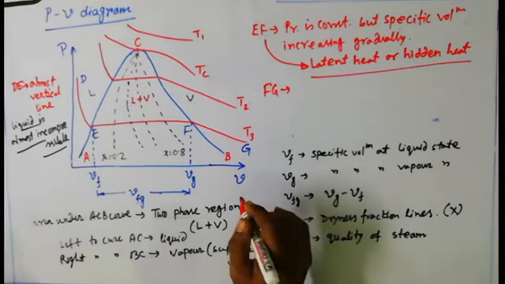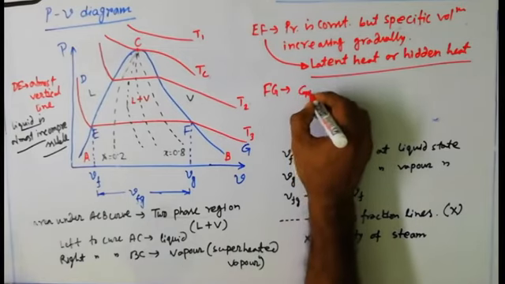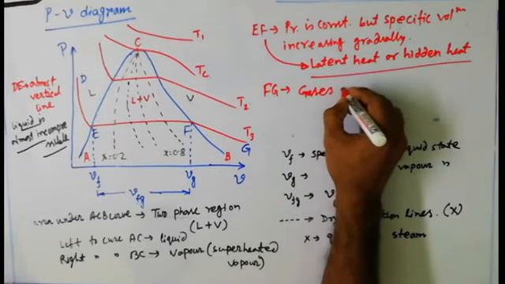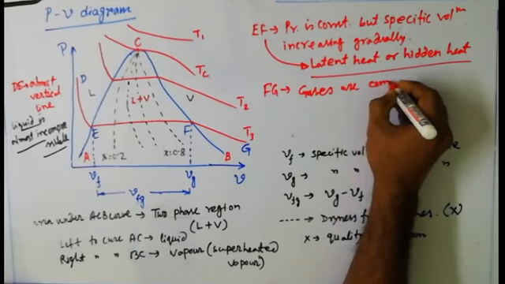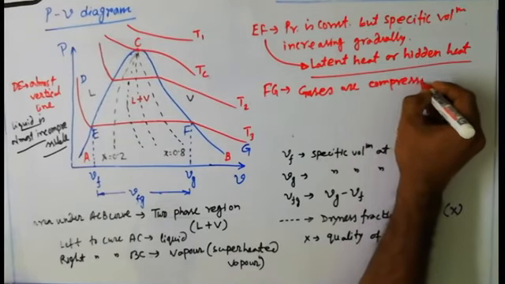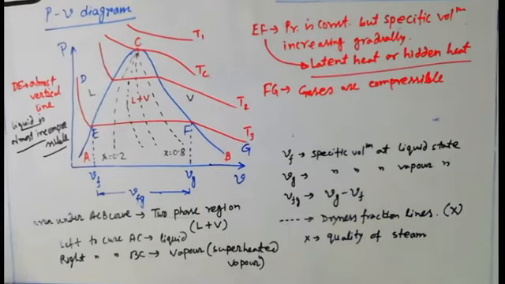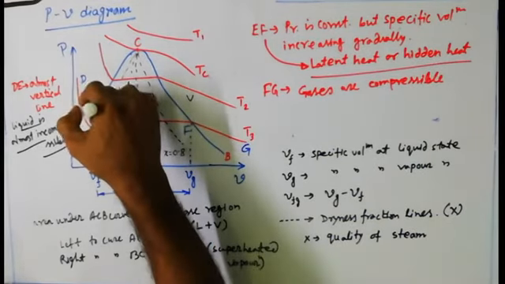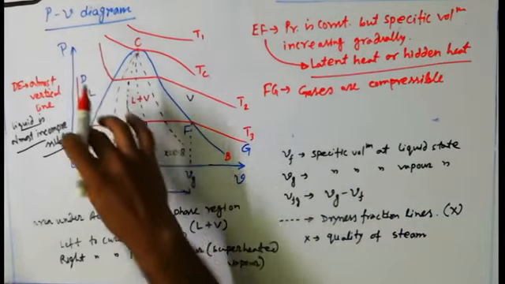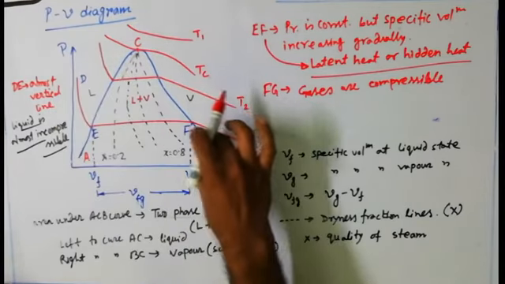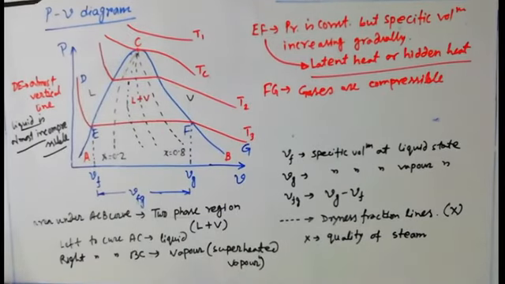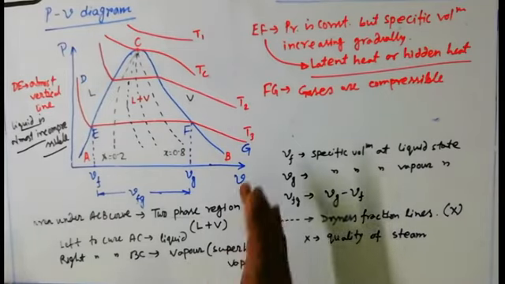So why is it happening? Because gases are compressible. While the gases are compressible, you can see the change in volume is rapid. Compared with liquid, where there is very little change in volume, here you can see the rapid change in volume, because the compressibility is high for gases.